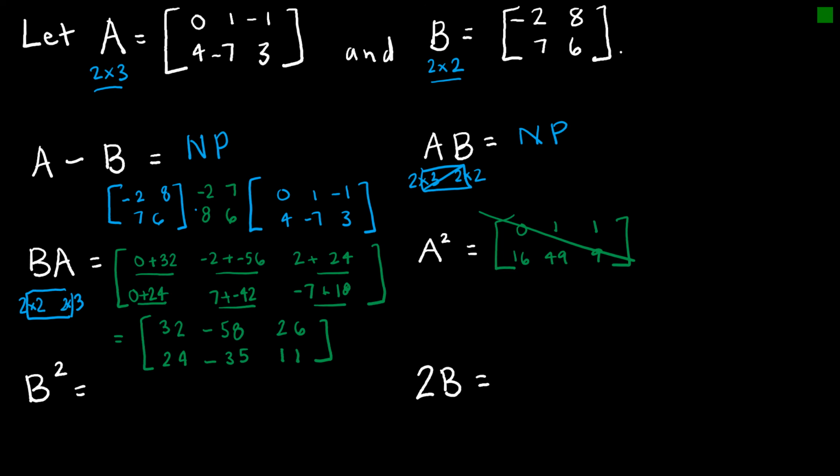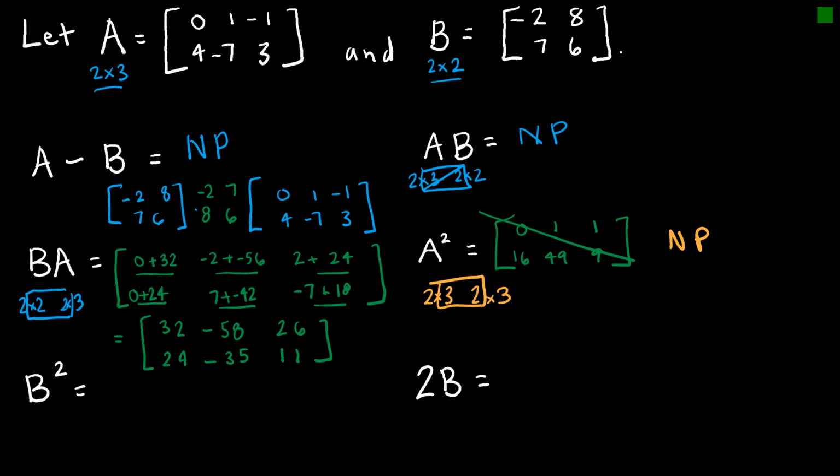We can't do that. What we can do is look at the fact that A is a 2 by 3 and A is a 2 by 3, and we cannot take these matrices times one another, so this is not possible.